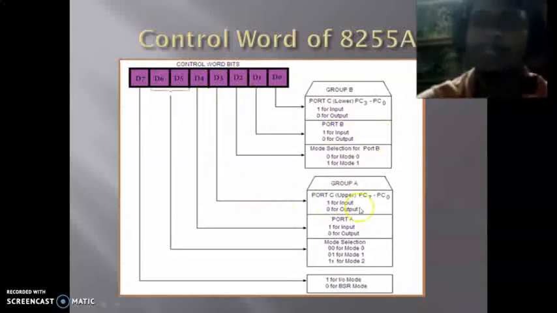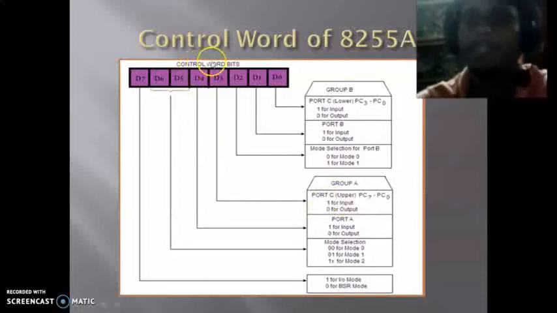Next is D3. That is used for port C upper, and if we write 1 here, then port C upper can be used as input. If we write 0 here, then that can be used as output. And similarly D4 is used for port A. If we write 1 here, then that can be used as input, and if we write 0 here, then that can be used as output.